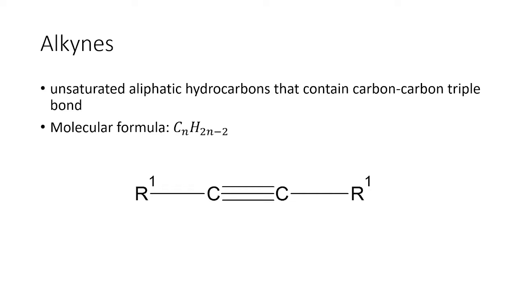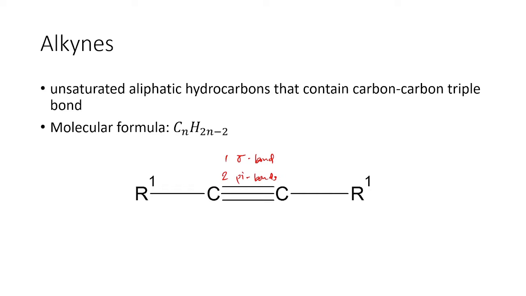So in alkynes, we have one sigma bond and two pi bonds. Like in our discussion of alkenes, these pi bonds will be the sites for reaction, what we call the functional group.